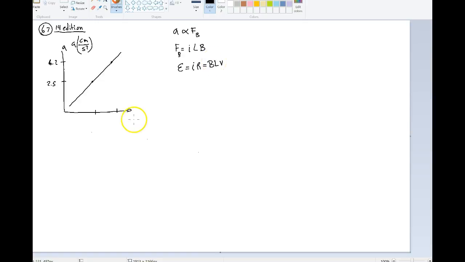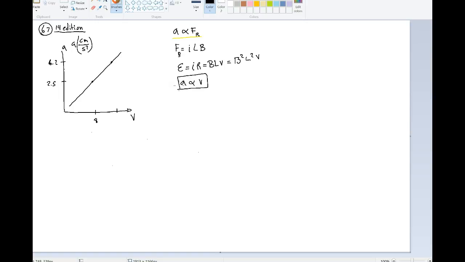So you take this and replace it, you get B squared L squared V over R. Okay, so A is proportional to the force. The force is proportional to V. So A is proportional to V. Right? Okay. So we've shown that relationship, and that relationship apparently holds up if you plot these data.